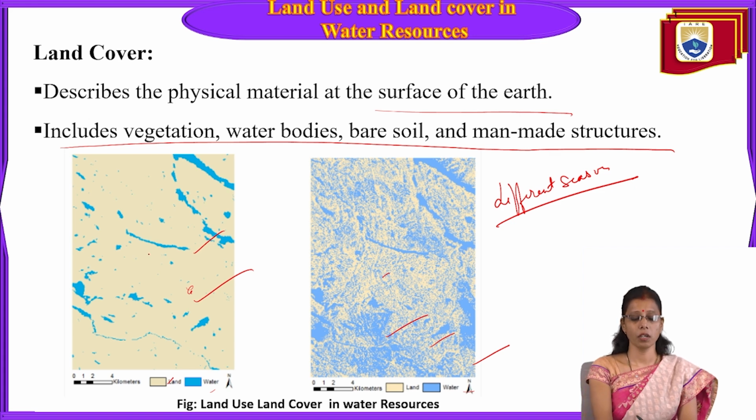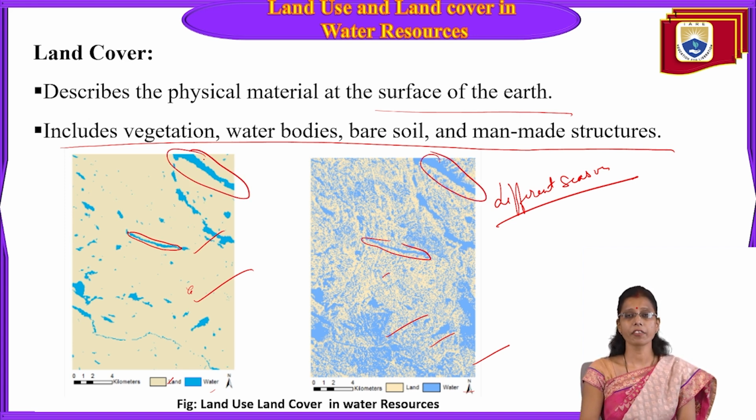You can see the same type of water body here, right? But why different season? In some seasons, like the dry season or the summer season, the small water resources will be totally evaporated and dried up because of the heat present in such an area. Later in the rainy season, this area will be totally covered with water.